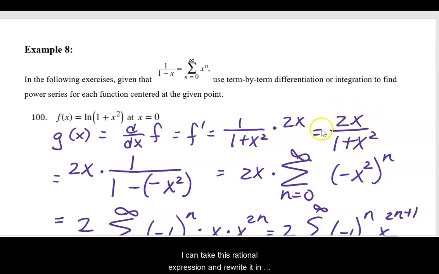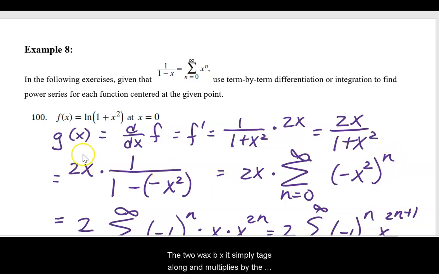I can take this rational expression and rewrite it in the formula 1 over 1 minus x by pulling the 2x to the front to make the numerator a 1, and then rewriting the plus in the denominator as a double negative. The first negative becomes subtraction. The second negative becomes a part of the base being raised to the nth power in the power series formula.